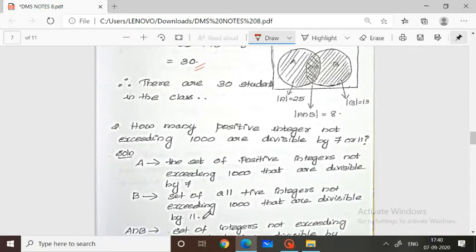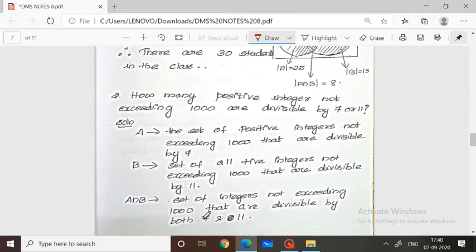Next one: how many positive integers not exceeding 1000 are divisible by 7 or 11? Let us take first the set of all positive integers not exceeding 1000 that are divisible by 7.